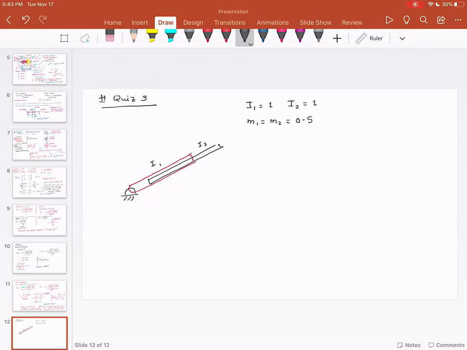Now, first and foremost, we have to make some assumptions. The first assumption that I'm going to make is that link 1 and link 2 are slender rods.